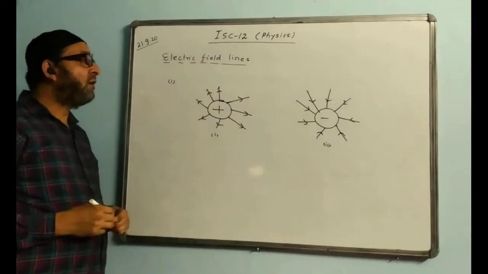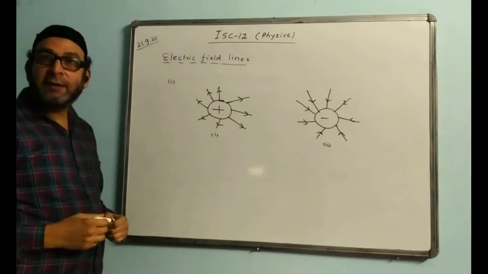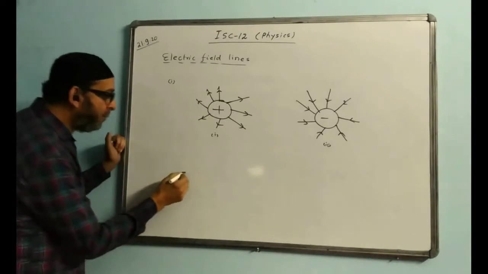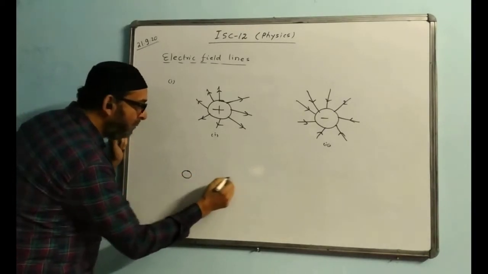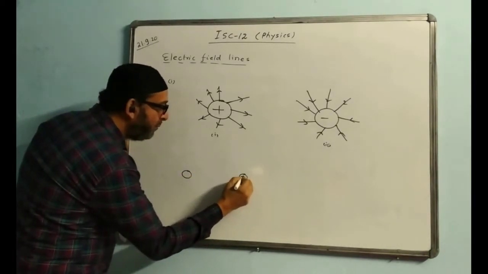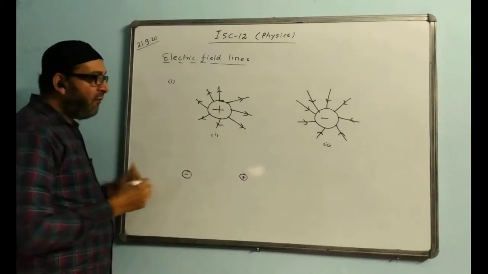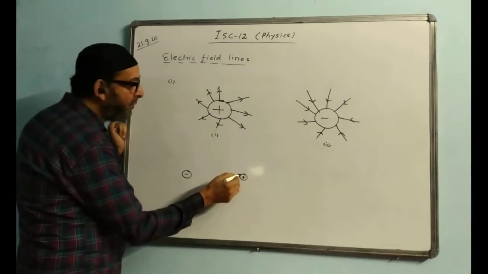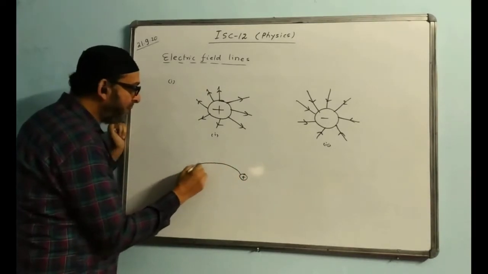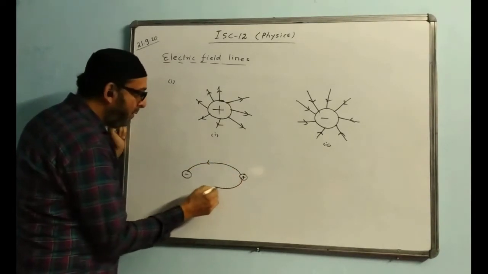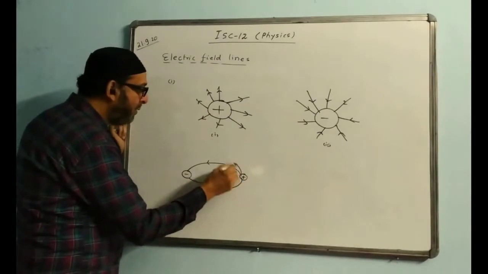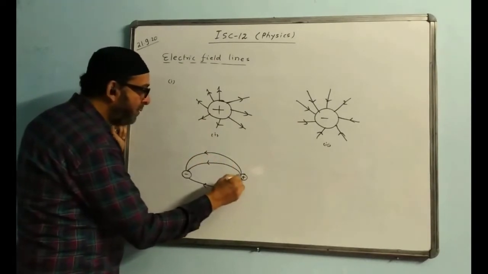If we ask you to draw the electric field lines for an electric dipole, for a dipole we do like this. This side will be positive, this side will be negative. Field lines will be directed away from the positive charge. Now they will be curved lines like this.